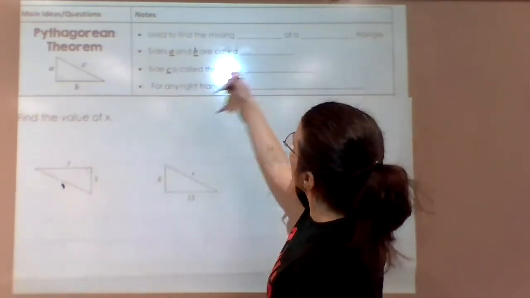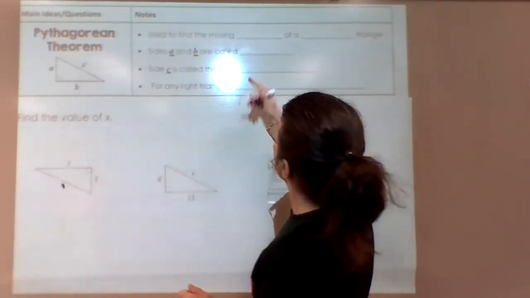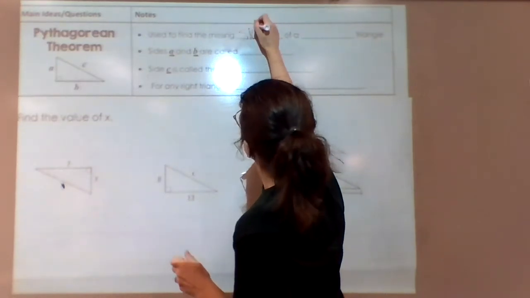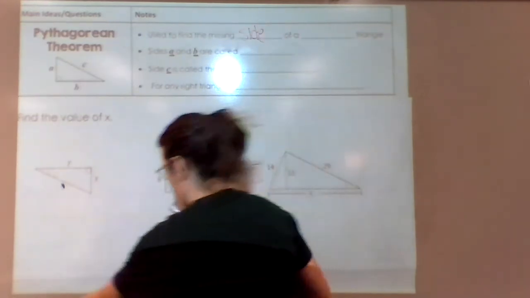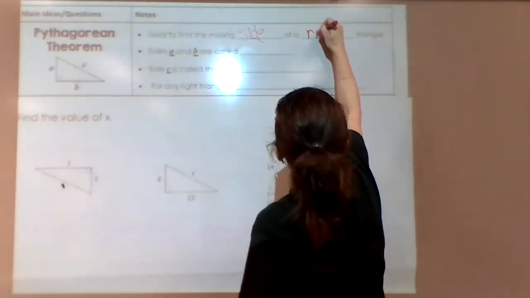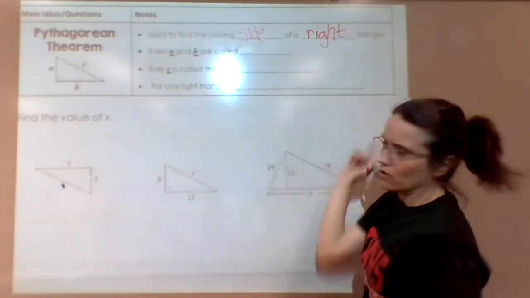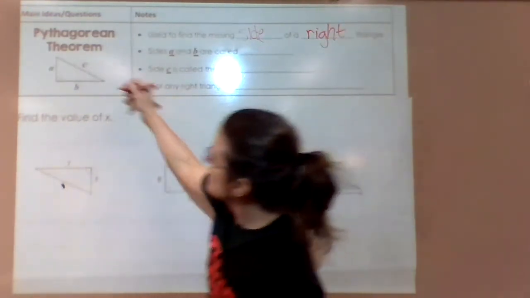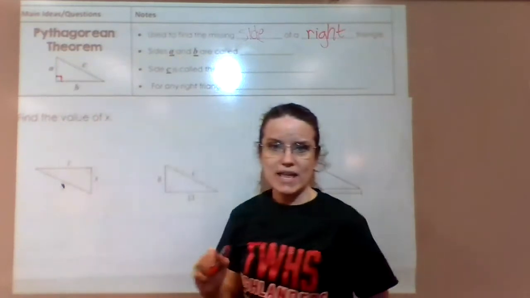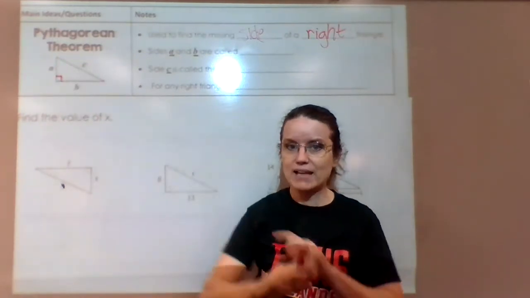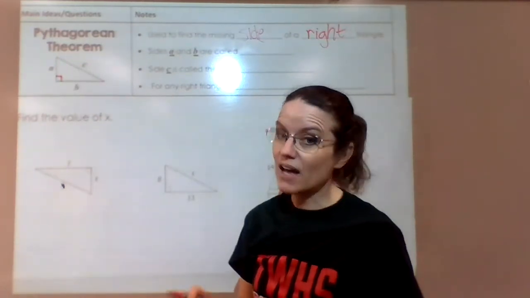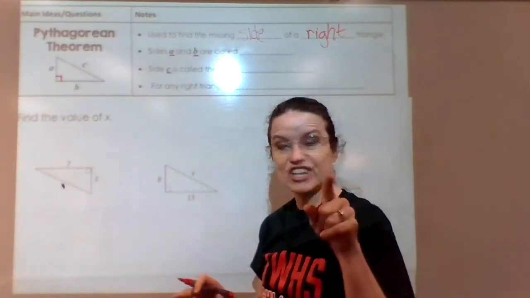So here, the Pythagorean theorem is used to find the missing side of a right triangle. So this only works in right triangles. If you can remember that, you're set. You're like, Mrs. Cerna, I may have already learned this before. Good.